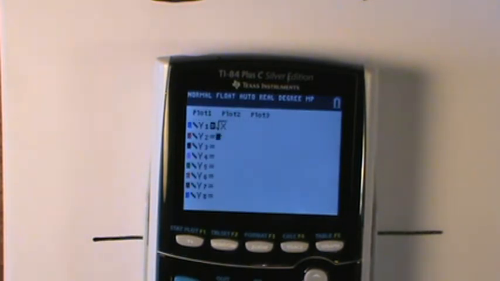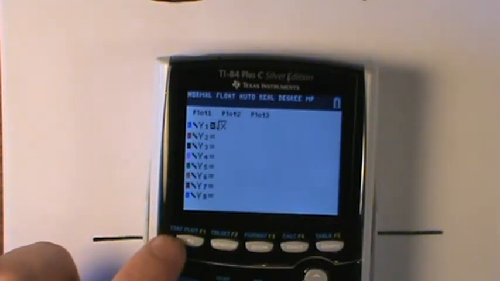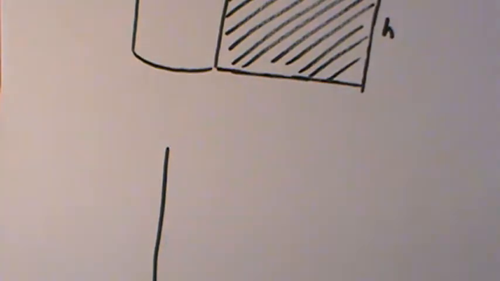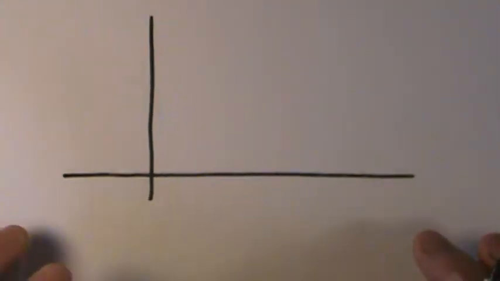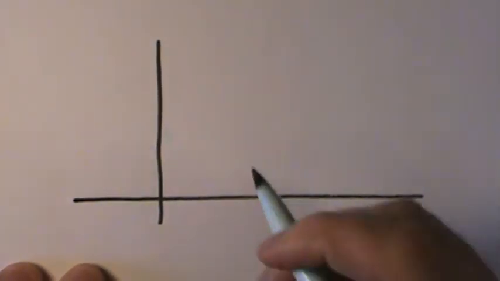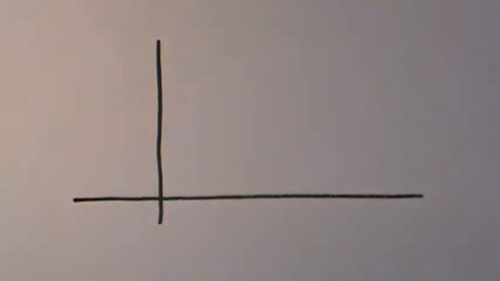Then maybe for a second curve we'd have something like y equals... actually, let's just stay with that. Let's just stay with rad x for a second to explain what's going on here. So we'll draw our curve, y equals rad x.